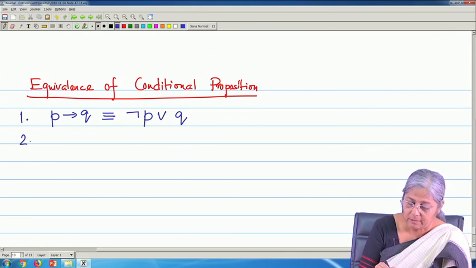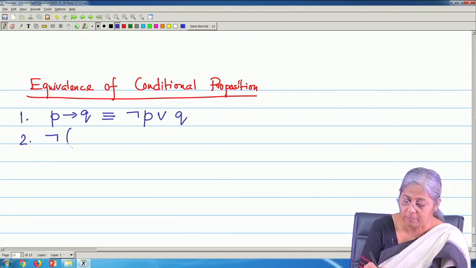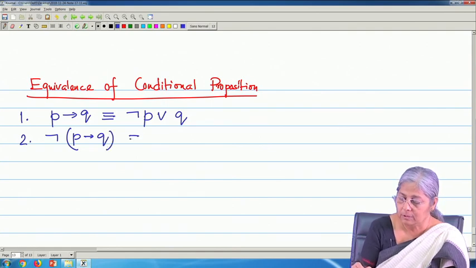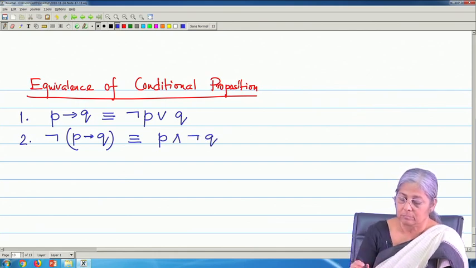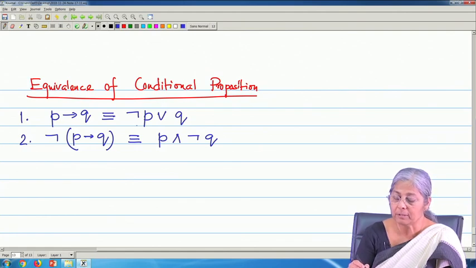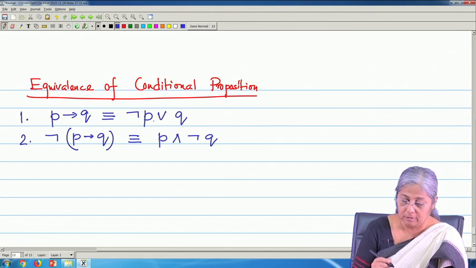I can also write that negation of (P implies Q) is equivalent to P and negation Q. This is nothing but applying De Morgan's law on both sides. So, how can we prove that?